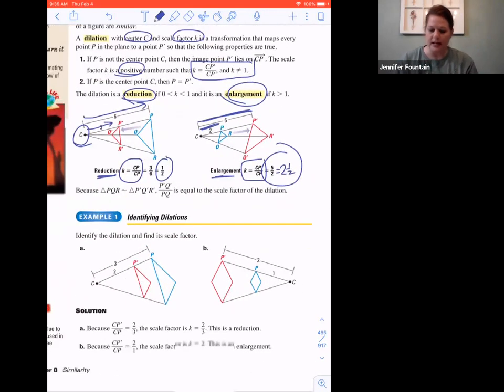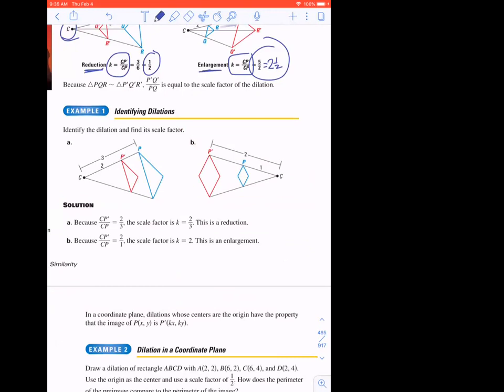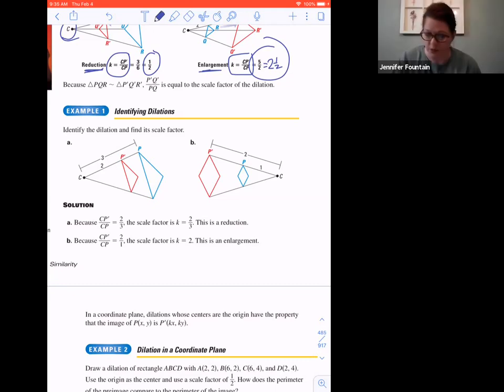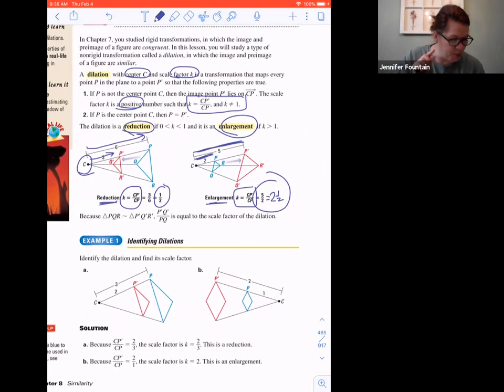All right. So let's go ahead and take a look at example 1, identifying dilations. Letter A says, what's the note on the second one where it says a dilation? On bullet point number 4, is that what you're talking about?